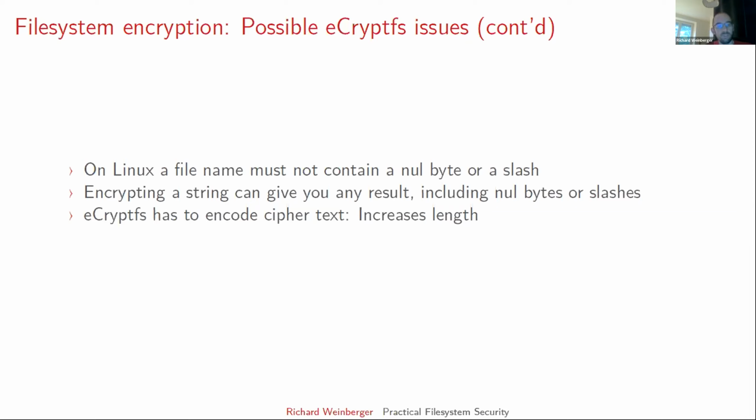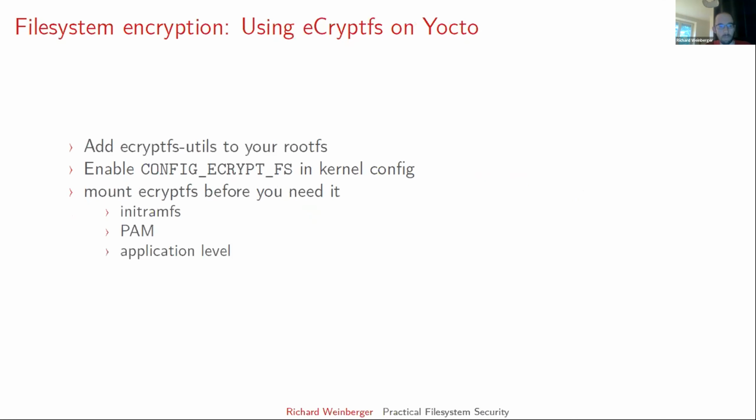That's why Ecryptfs has to encode the ciphertext, so in something like base 64, but this will increase also the length. And this explains why Ecryptfs has this file length limitation, and there's no way to get this fixed. So when you have no problem with shorter file names, easy. But if you need really long file names, then you have to disable the file name encryption of Ecryptfs.